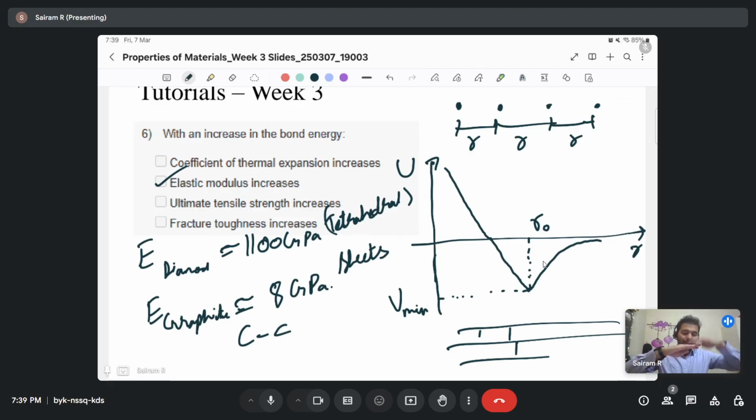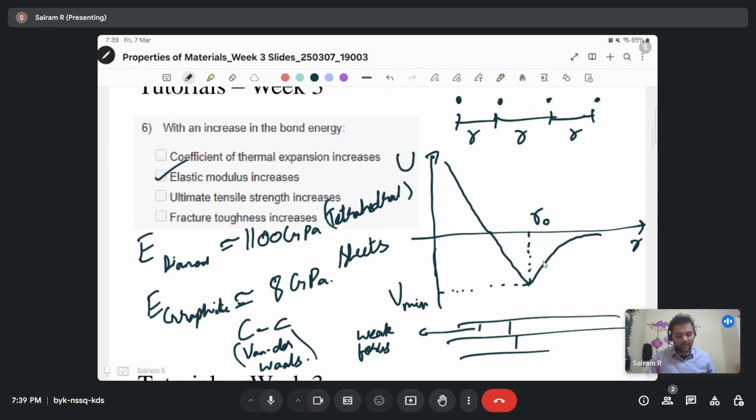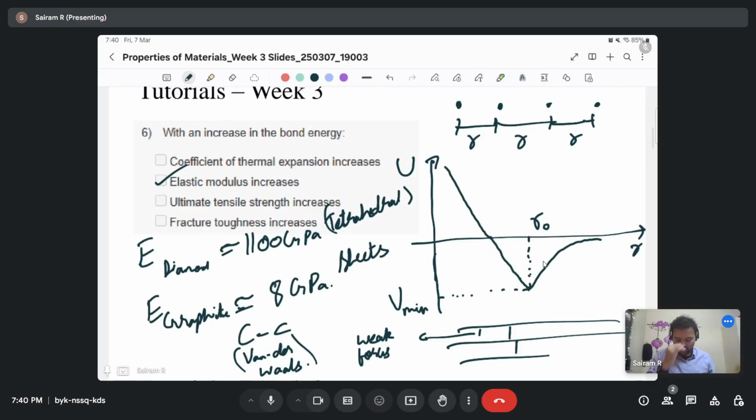But between two graphite sheets, it's going to have very weak forces, probably something like van der Waals forces. So this is the reason why graphite has a very low value of elastic modulus, whereas diamond has a very high value of elastic modulus.